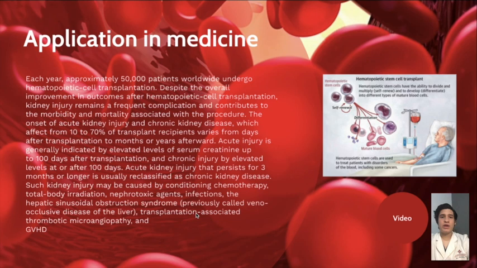Such kidney injury may be caused by conditioning, chemotherapy, total body irradiation, nephrotoxic agents, infections, the hepatic sinusoidal obstruction syndrome, previously called veno-occlusive disease of the liver, transplantation-associated thrombotic microangiopathy, and GVHD, which is graft versus host disease.